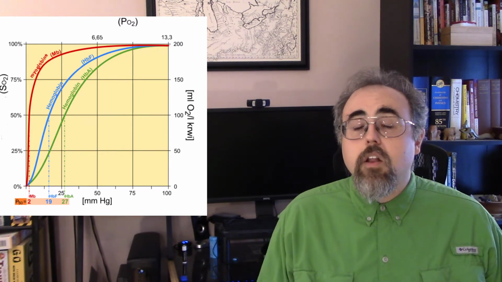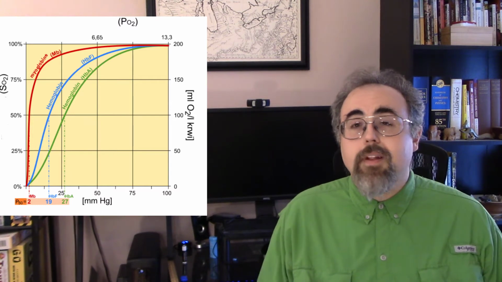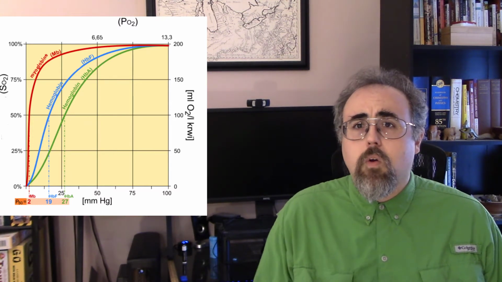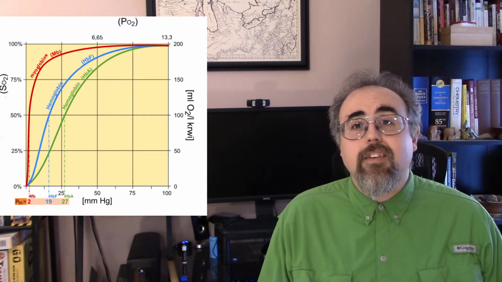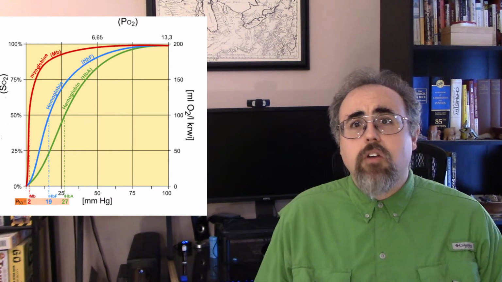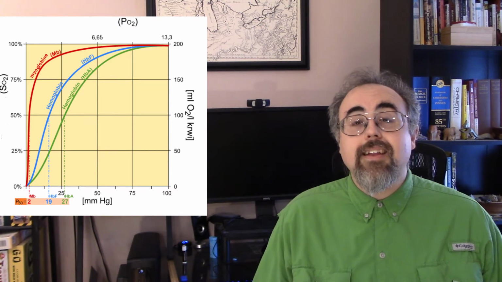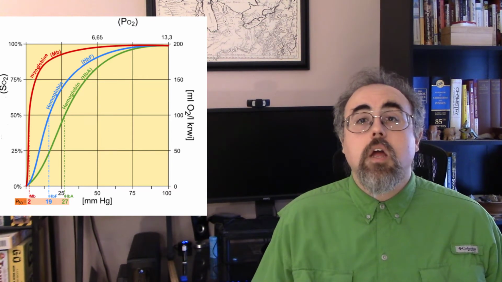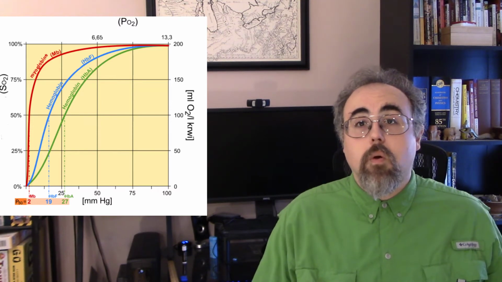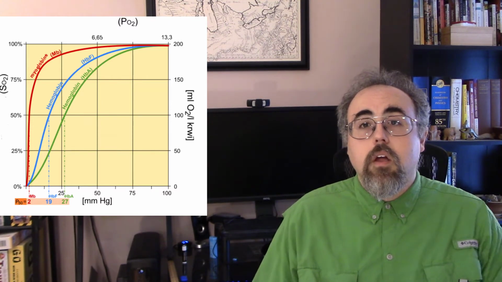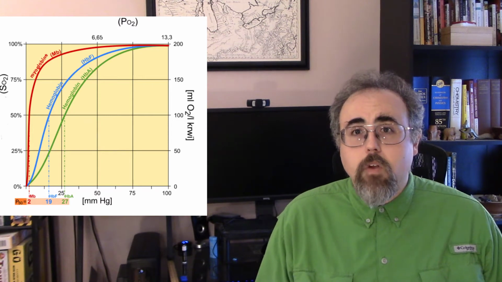For this reason, there is a different form of hemoglobin. There are actually several forms of hemoglobin, but we're only going to look at 2. This is called fetal hemoglobin, and this particular hemoglobin has a stronger affinity for oxygen, because it needs to pull it away from the mother's hemoglobin. That way, the growing child is able to acquire its mother's oxygen.